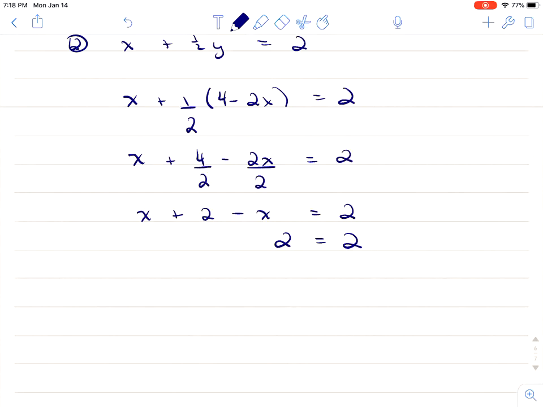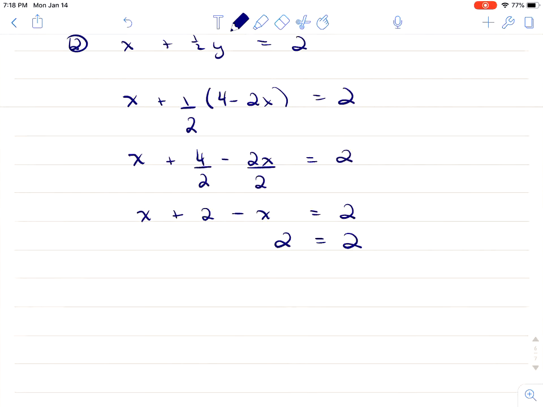But what this is telling us is it actually doesn't matter what x and y are. 2 will always equal 2. I think we can all agree on that. And so that means that we have an infinite number of solutions. You can put in any x and y, and it'll still be a solution.